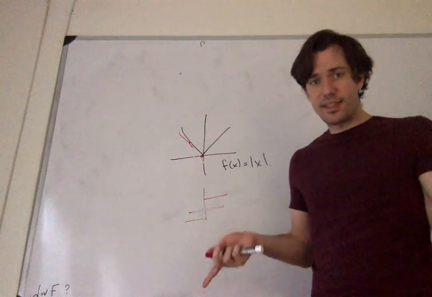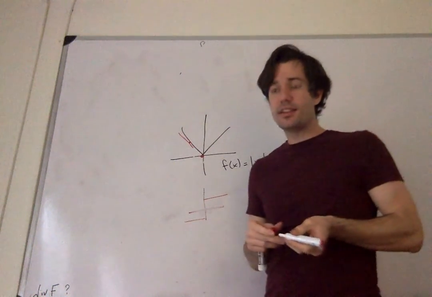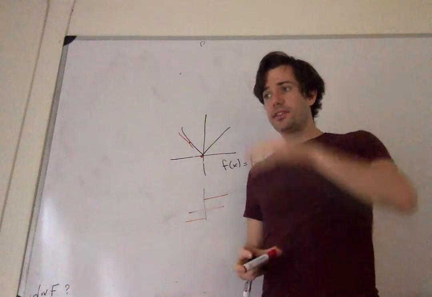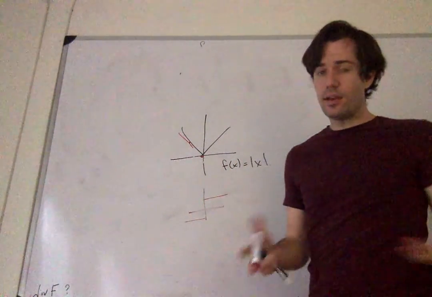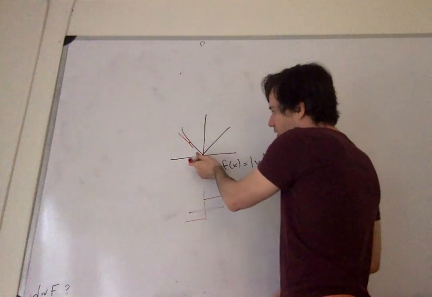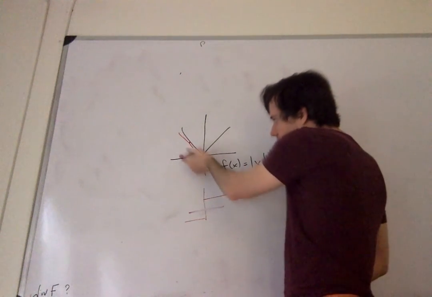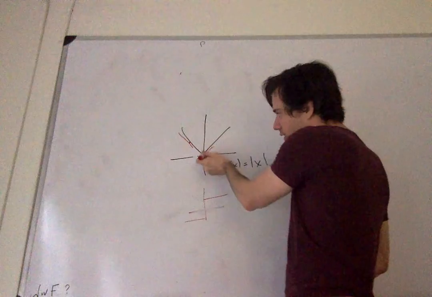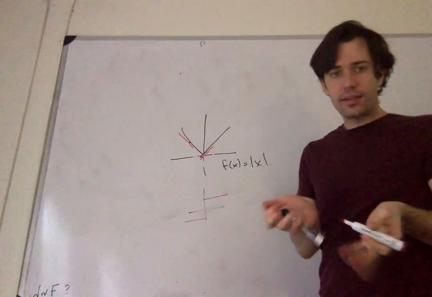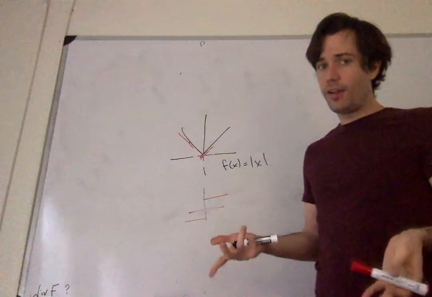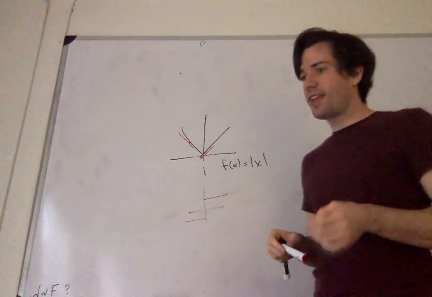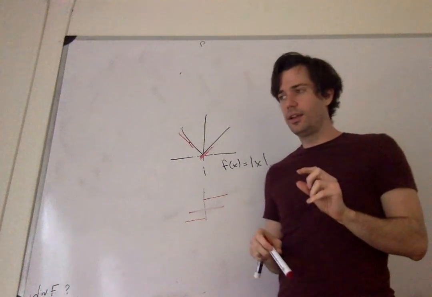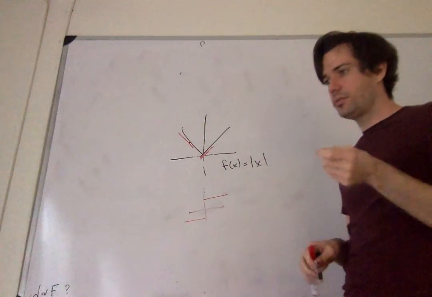Well, it doesn't exist, again, because the tangent line is the unique line. If it's from this side, it'll be like this, and from this side, it'd be like this. And so they fight, and neither one of them wins. And so there isn't a unique line that describes the tangent space.